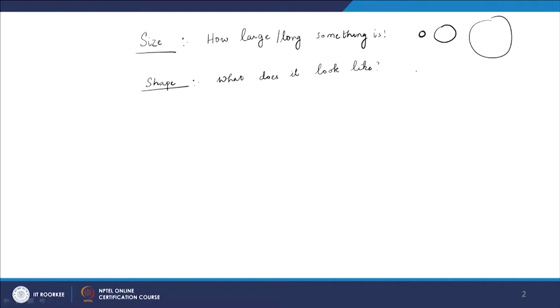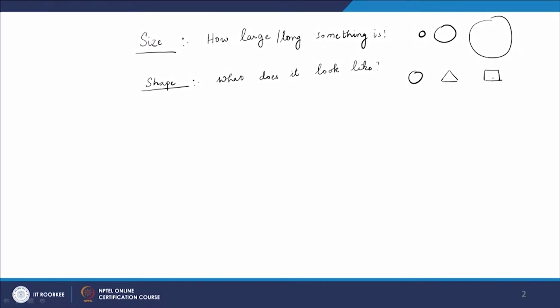For example, a circle, a triangle and a square may have similar characteristic dimensions, but they still have different shapes and they look different.